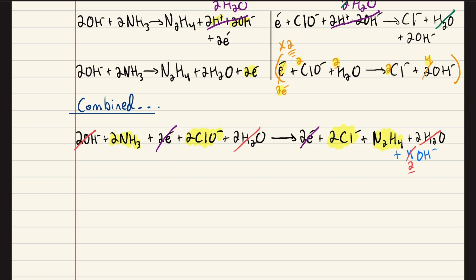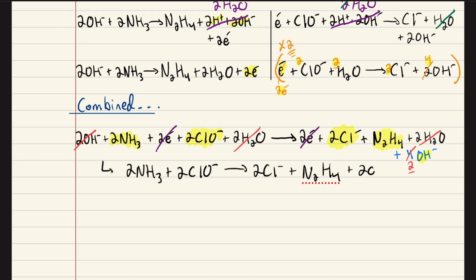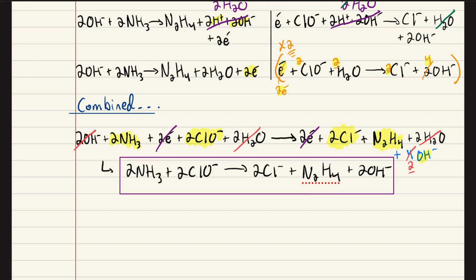This is the final simplified reaction where the OHs cancel out and the waters and the electrons cancel out, and our final redox reaction is going to be 2 moles of ammonia plus 2 moles of the chlorate anion yields 2 moles of chlorine plus 1 mole of N2H4 plus 2OH negative.